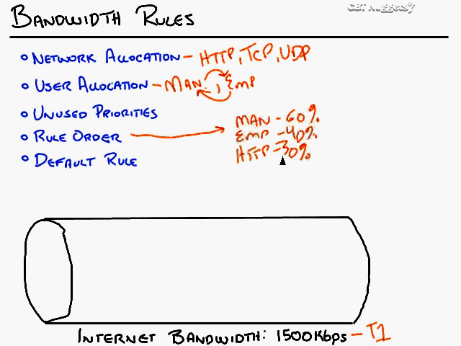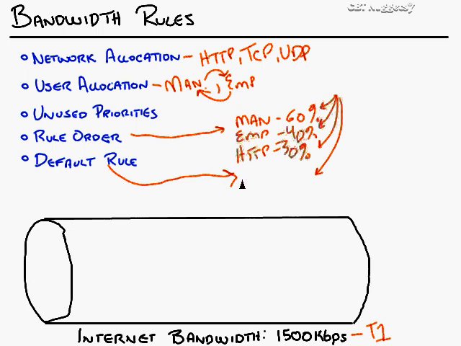It's all ratios. What's going to happen is when the traffic comes in, it's going to process top down. It's going to say, is this manager traffic? If so, then I'll allocate it from this group. If not, then is it employee traffic? If not, is it HTTP traffic? And if not, it'll eventually come down to the default rule. There's a default rule. You might have seen it when I first clicked on that bandwidth rule a moment ago. I'll jump back there in just a moment.